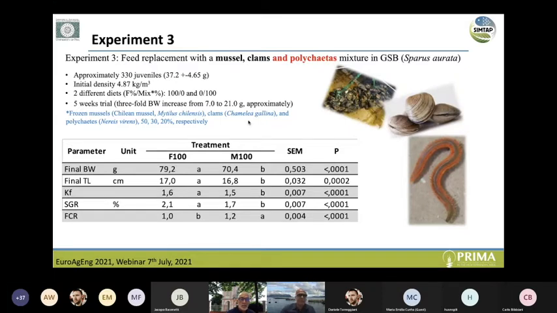So we expect the final data. By the way, we are already at 6 weeks of this trial, so we are close to the end. We already got 80 grams as a final body weight for the group fed only feed.